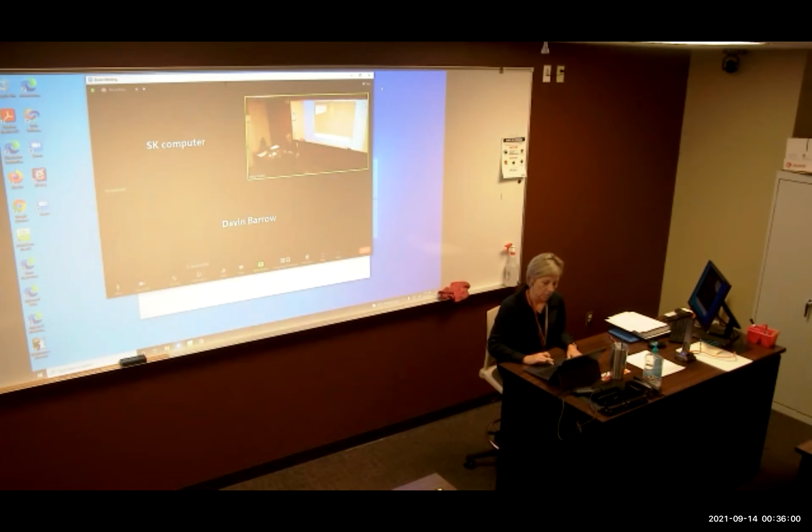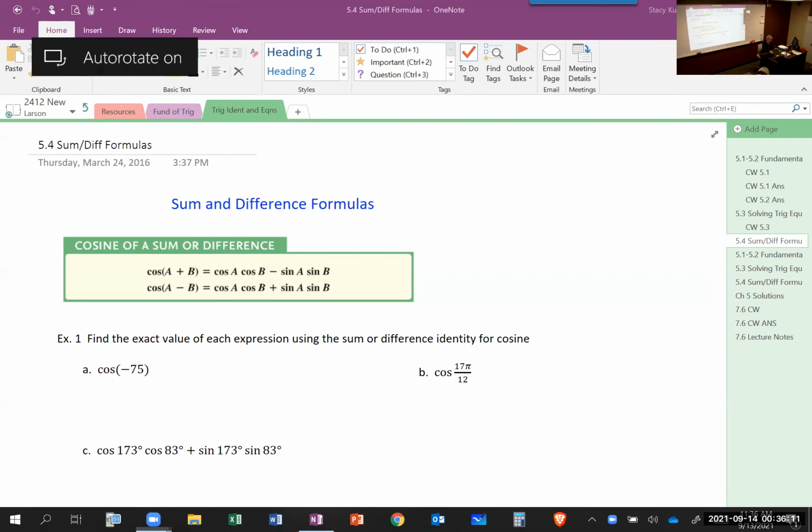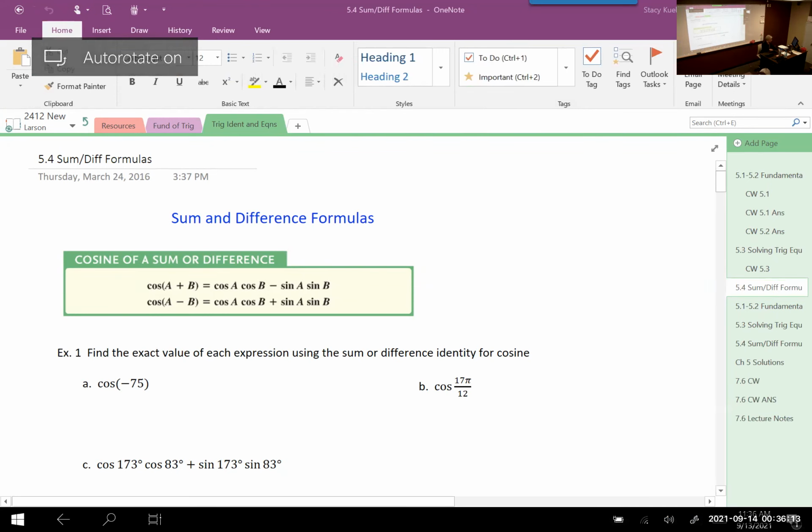So we're gonna talk today about another set of identities that we're gonna add to our growing list of identities that we're working with.